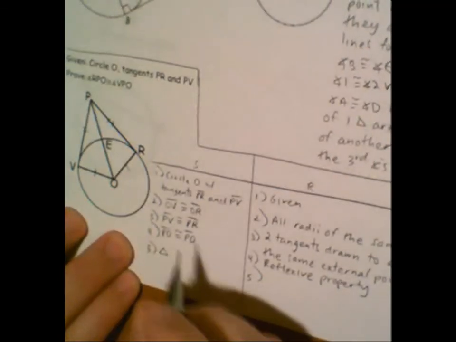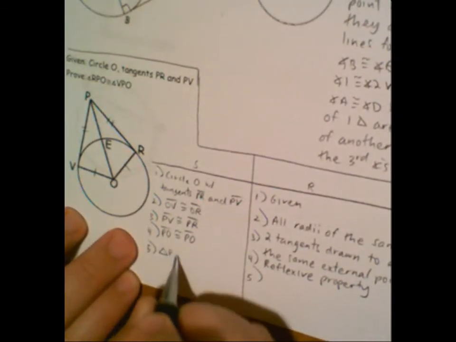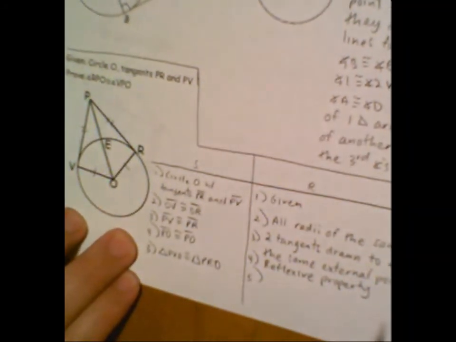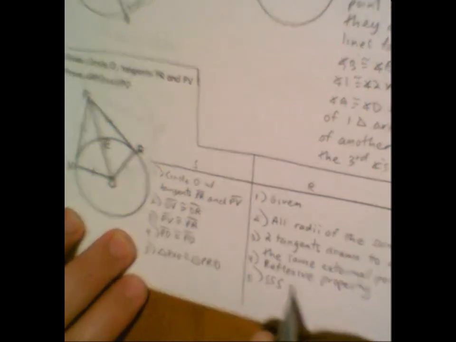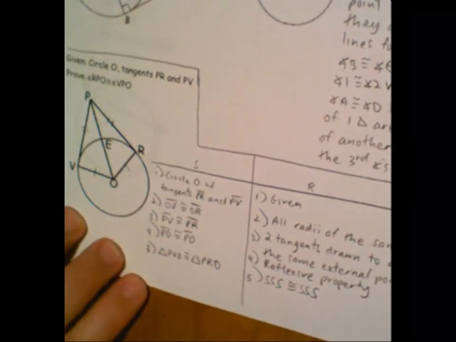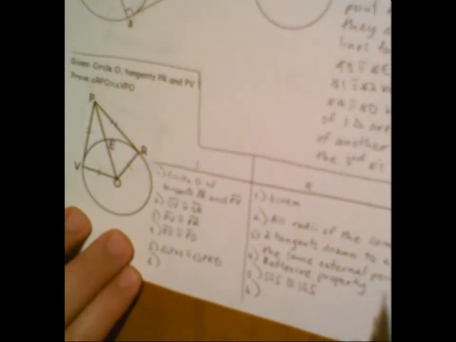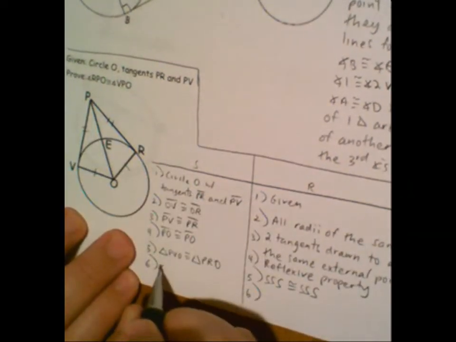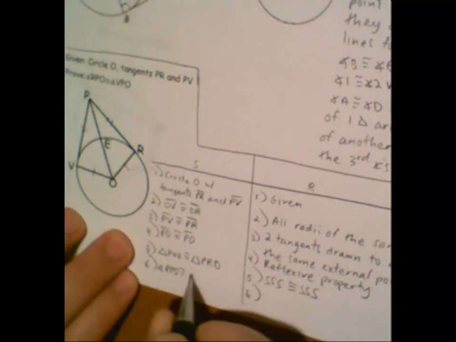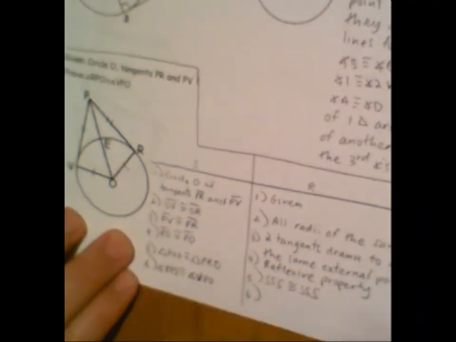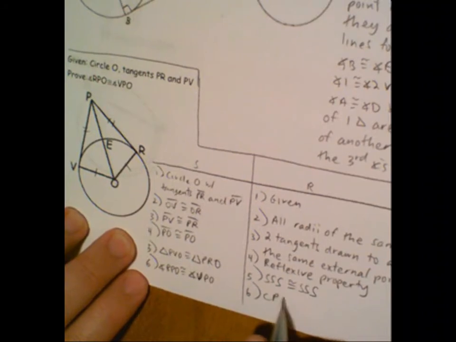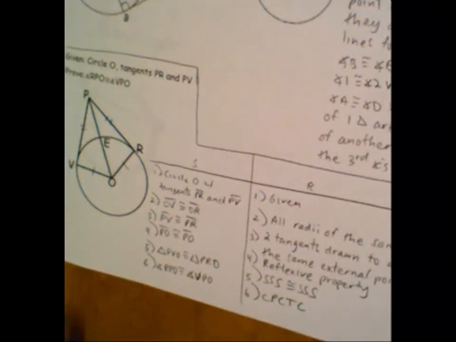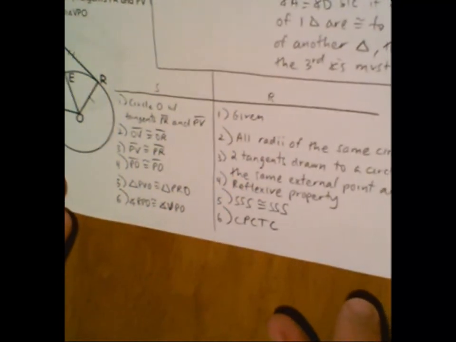And now we have enough to say that the two triangles are congruent. Triangle PVO is congruent to triangle PRO because side-side-side is congruent to side-side-side. And lastly, angle RPO is congruent to angle VPO because corresponding parts of congruent triangles are congruent, also known as CPCTC.